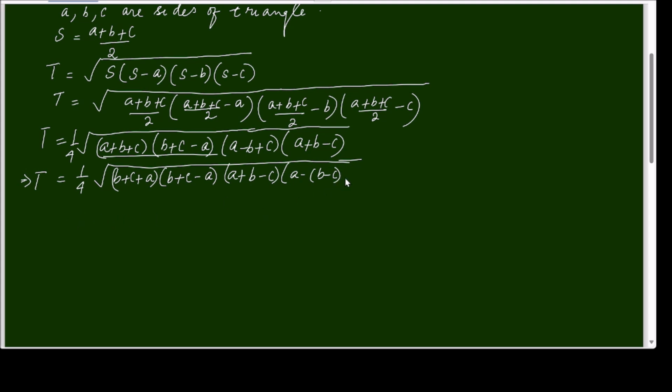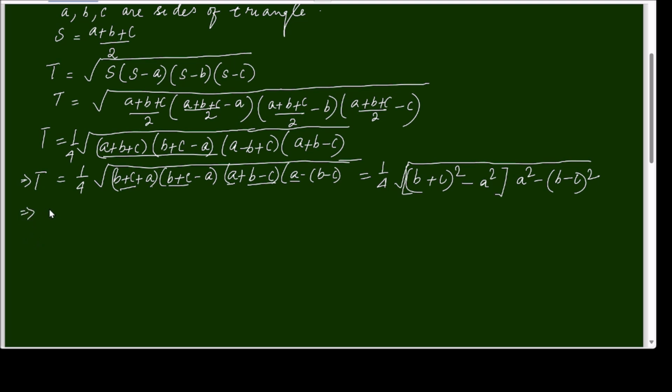So in the second step, I can write this: square root of (B plus C) whole square minus A square, and the second one will be (A plus B minus C)(A minus B minus C). So this will be A square minus (B minus C) whole square.